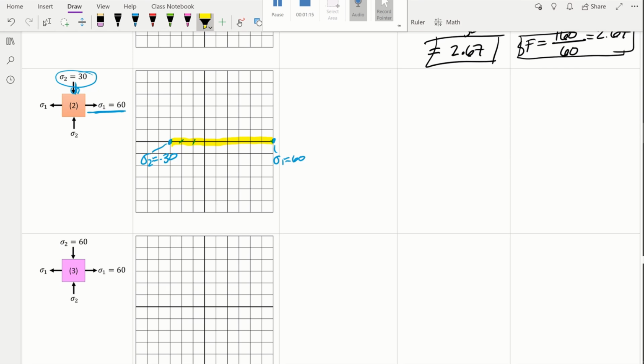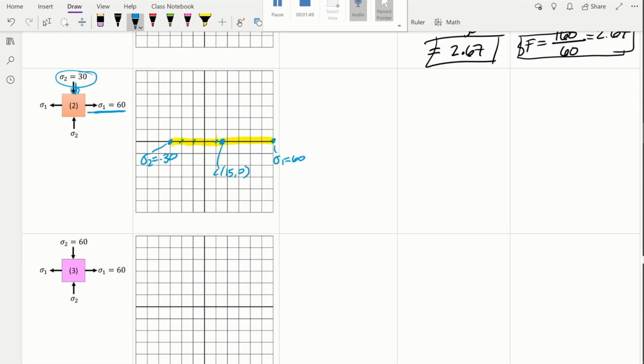So that means that the center is going to be 45 away from either of the 2 points. So we can go negative 30 plus 45, which is going to take us to 15. Or we can go 60 minus 45, which is going to take us to 15 as well. So the center point is here, 10, 10 plus 5, 15. This is the center over here. The center is at 15 and 0.